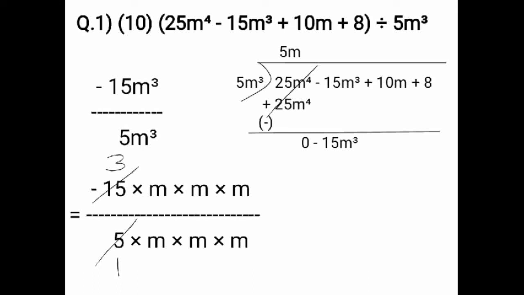Numerator minus sign is there, that nothing to cancel. Now cancel all the m on numerator and denominator. Like this way. So numerator what is left? Minus 3. After dividing second term by 5m cube, you are getting the quotient minus 3.